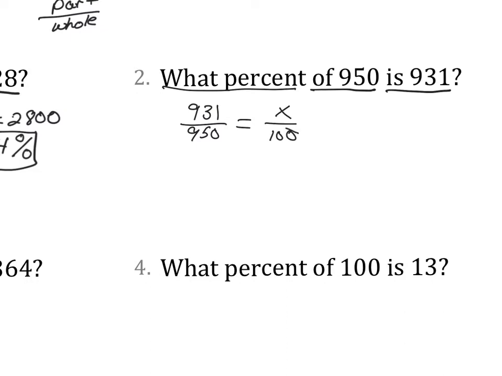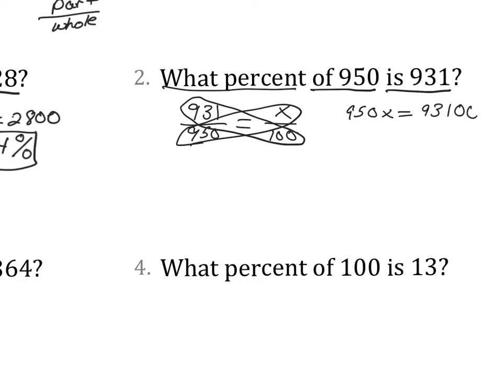Again, we cross multiply, and we end up with 950x is equal to 93100. So now I've got to take 93100 divided by 950, and I get x is equal to 98. So the original is, the 931 is 98% of 950.